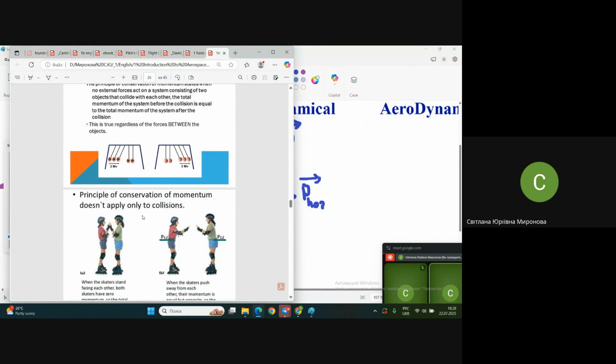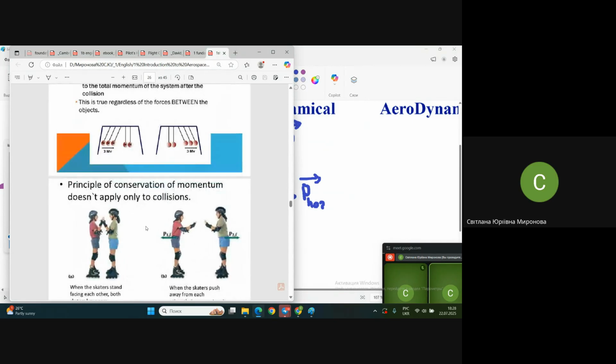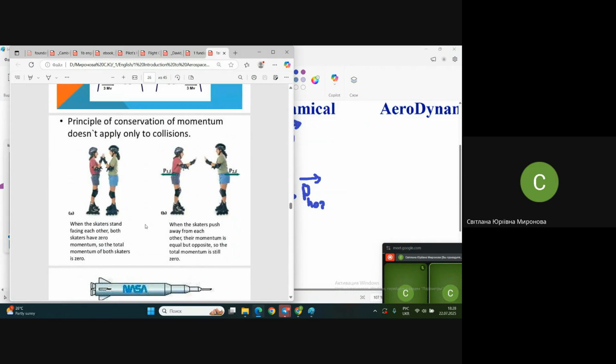So, this picture is just an illustration of this idea of impulse moment conversion principle. Look, imagine we have two rollers, they are really on rollers.